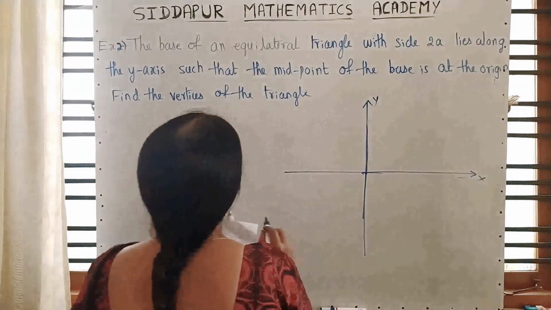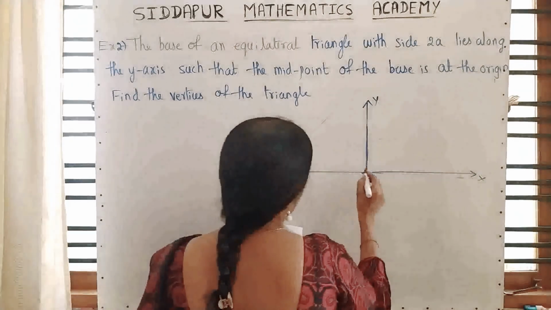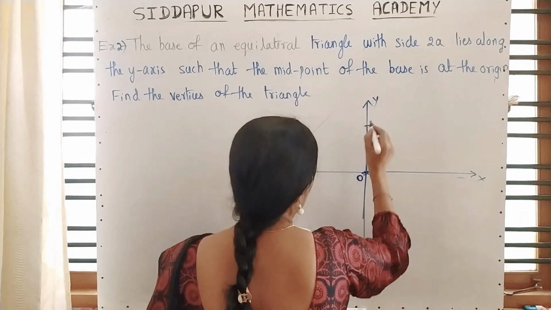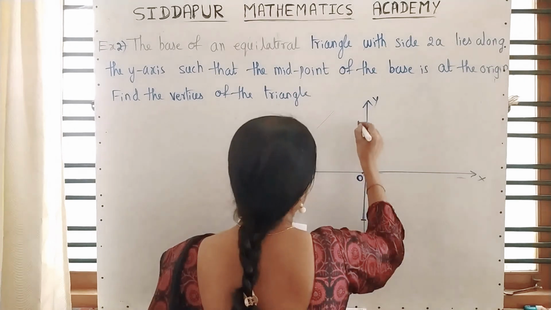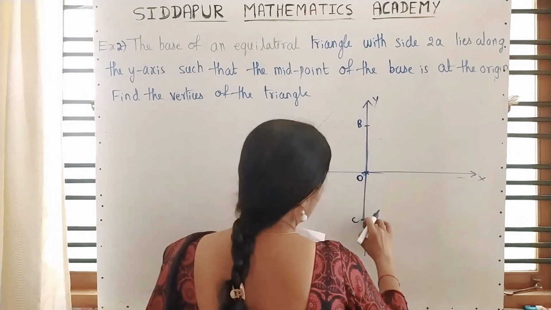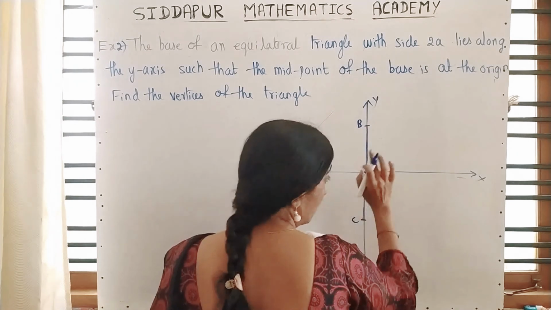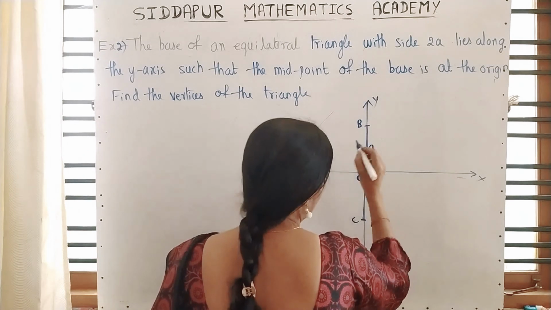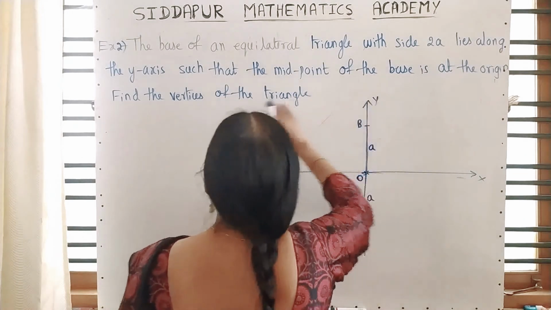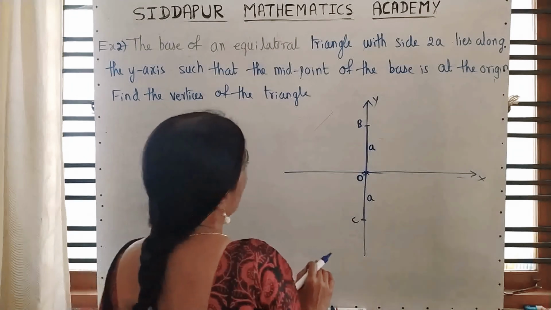And such that the midpoint of the base is at origin. Its midpoint is Madhya Bindu, origin. This is B, this is C. Midpoint means it divides the line, whose length is 2a, into exactly 2 parts, a and a. So, find the vertices of the equilateral triangle.